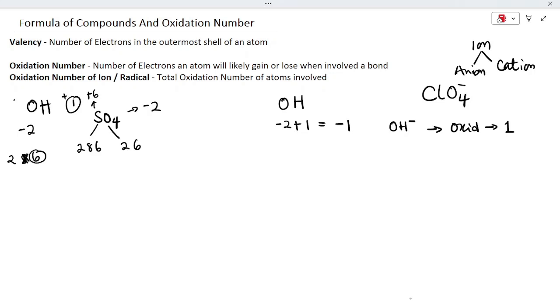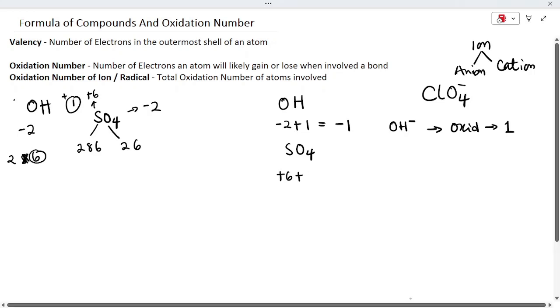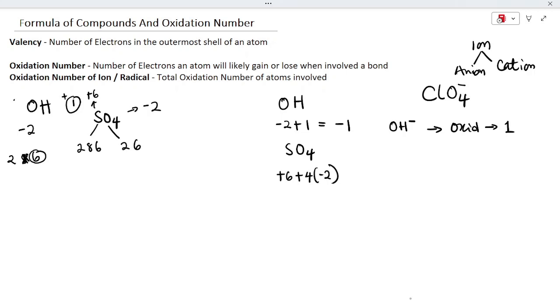So now let us solve it. We therefore have, let's bring it over here, SO4. We are going to be having plus 6, and then added to the oxygen, but oxygen is minus 2. There are 4 atoms of oxygen, so that's 4 times minus 2. So here we are going to be having plus 6, plus 4 times minus 2 gives us minus 8.